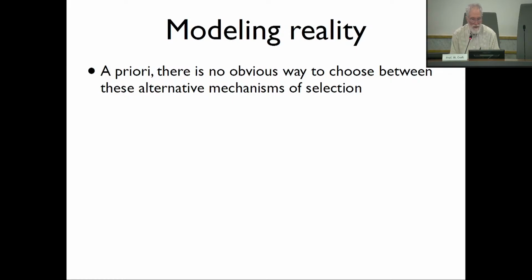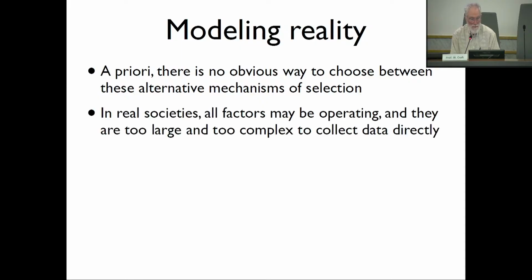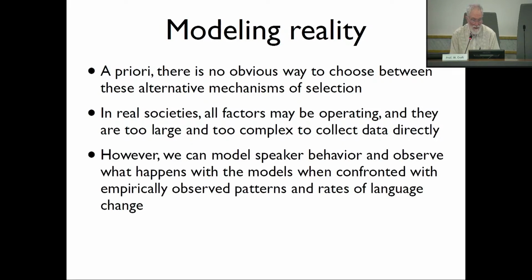So, modeling reality, going back to this problem of how you choose between these alternative mechanisms of selection. In real societies, all of those mechanisms may be operating, and they're too large and too complex to collect data directly on, the point I made before. So we can model speaker behavior, and we can observe what happens to the model when confronted with empirically observed patterns and rates of language change.